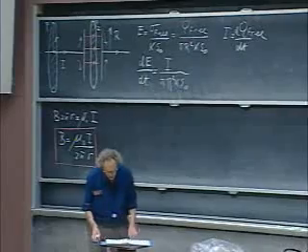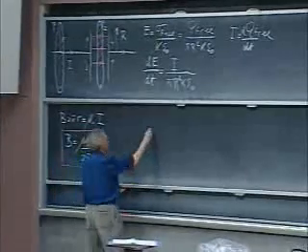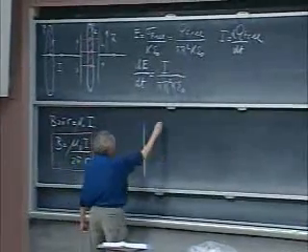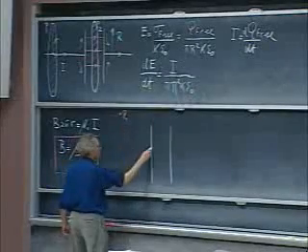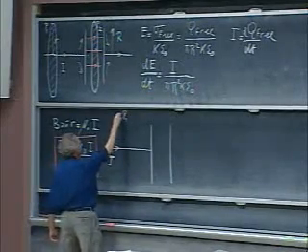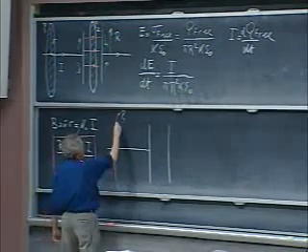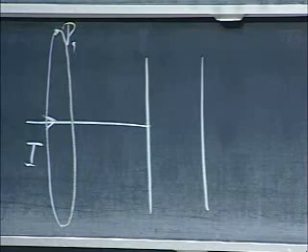I can make the situation even worse. I'm going to revisit point P1, and here is my capacitor, and here is my point P1. My current is flowing like so. Here's my closed loop, according to Ampere's law, closed loop integral B dot dl.